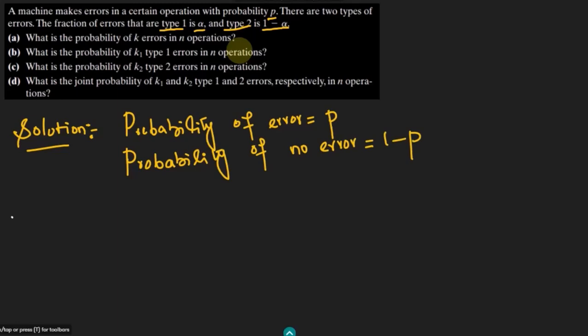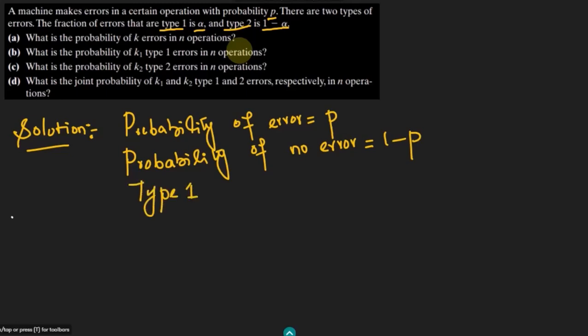Similarly, for type 1 errors we have the fraction alpha, and for type 2 we have 1 minus alpha. In order to find the probability of each, we have to multiply this fraction with the total probability, and we will get the probability of that type of error.